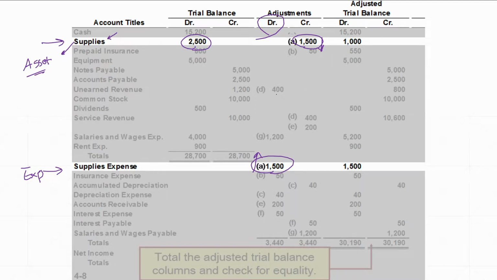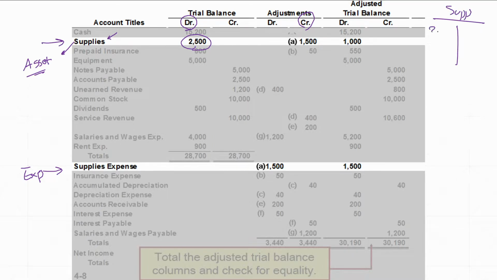So adjustments are inserted here. Let's see how they are affecting the unadjusted balances. As we can see, the unadjusted balance was 2,500 debit, but the adjustment is 1,500 credit. Just like the way we calculated the ending balance of a T account, it's exactly like that.